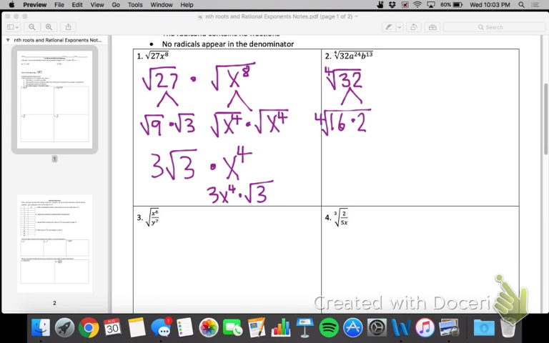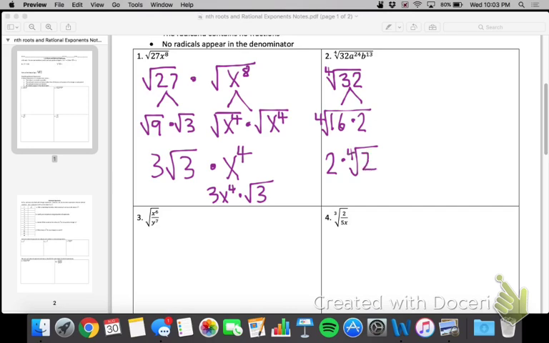So 2 times 2 is 4, times 2 again is 8, times 2 again is 16. So I can pull out a 2 from there, and then I'm left with a 4th root of 2 inside the radical.